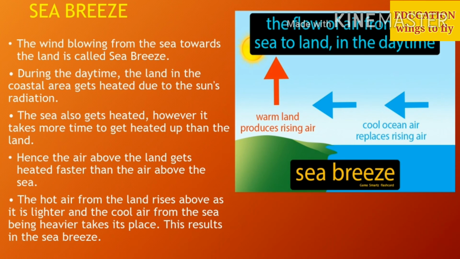Hence, the air above the land gets heated faster than the air above the sea. The hot air from the land rises as it is lighter, and the cool air from the sea, being heavier, takes its place. This results in the sea breeze.